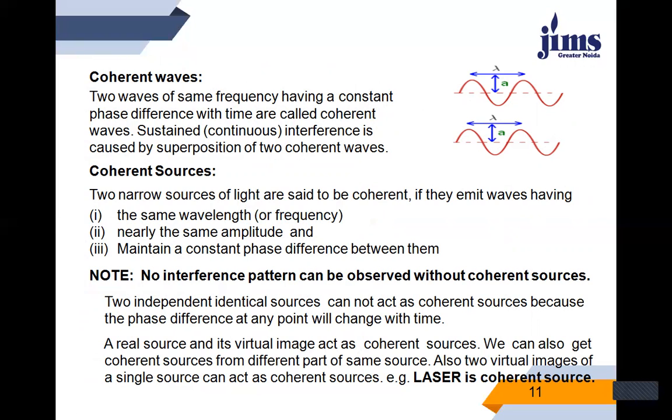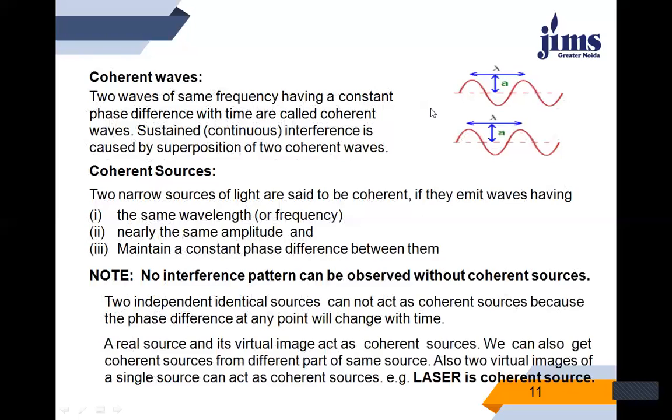What are the coherent waves? Basically, coherent waves are those waves which have the same frequency and a constant phase difference with time. For sustained or continuous interference, we need coherent sources or coherent waves. So sustained or continuous interference is caused by the superposition of two coherent waves.